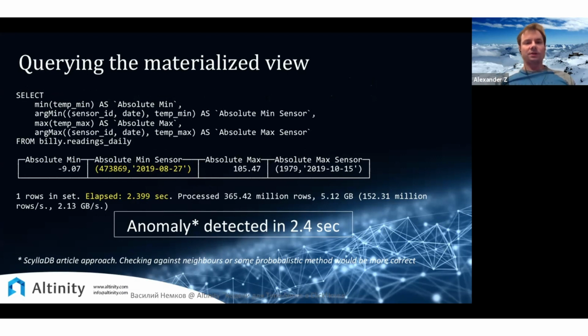But this is exactly the query that was used in the ScyllaDB article, and I used exactly the same. So in 2.4 seconds, we've got an answer which sensor is an outlier, and that's almost it.